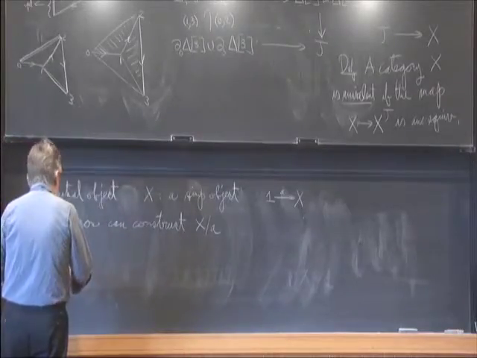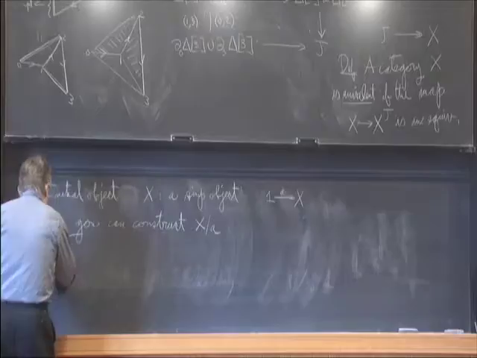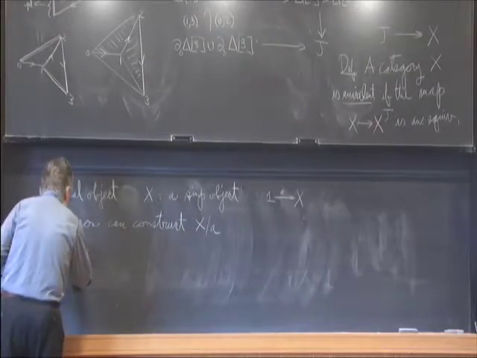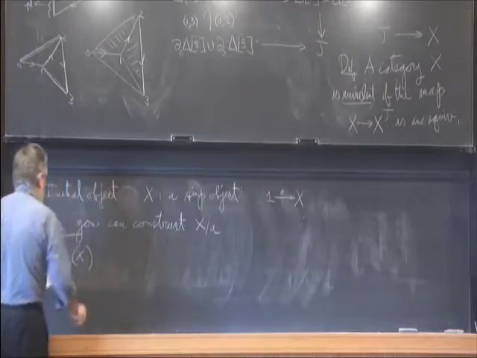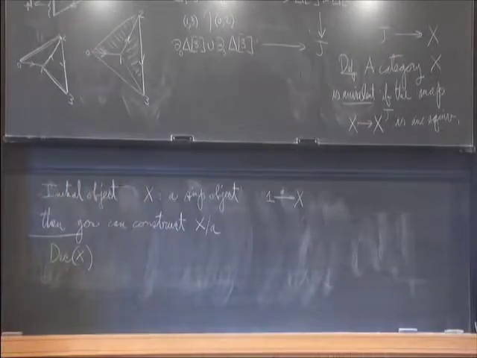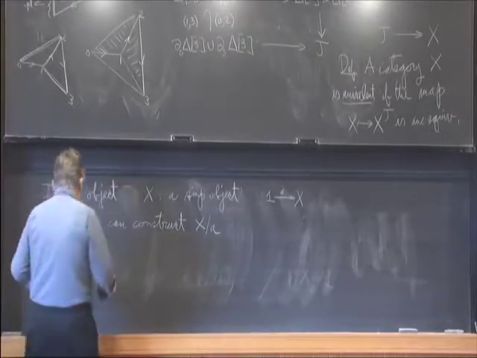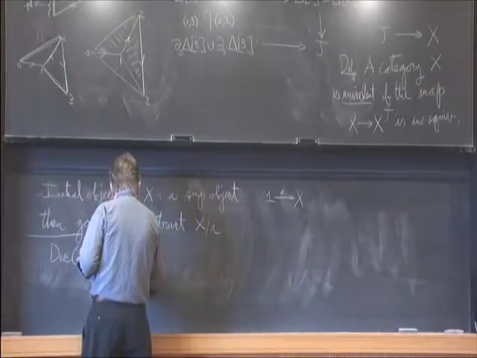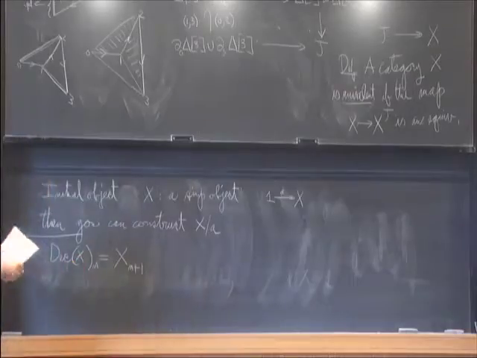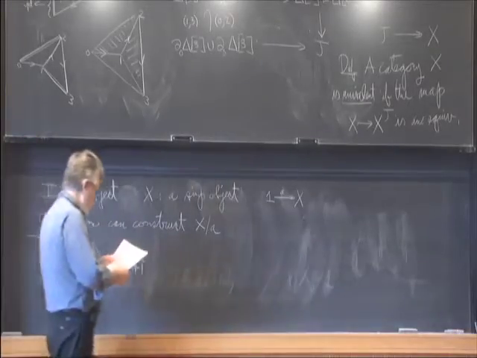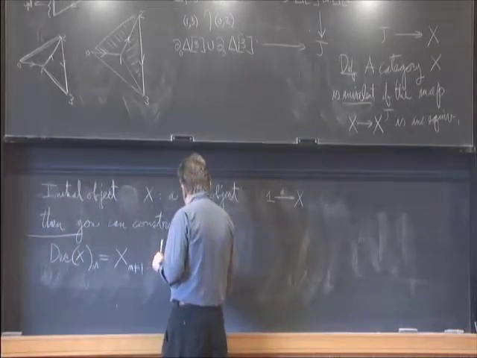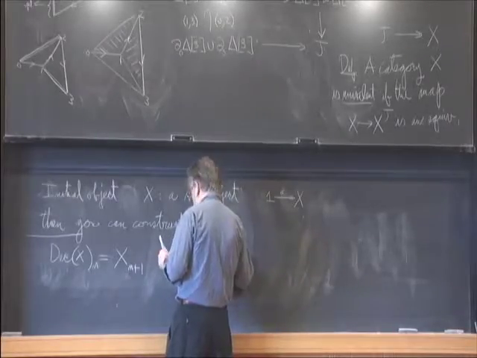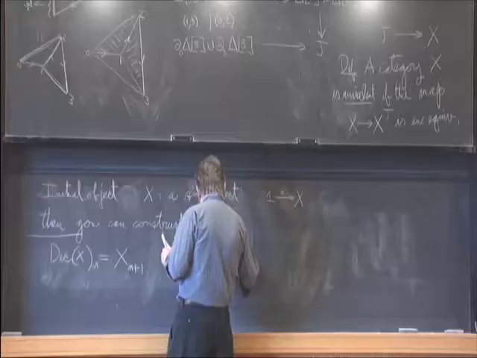First, you construct a simplicial object called decalage, dec X. And dec X_n, roughly speaking, is just X_{n+1}. This is because there is a canonical inclusion of n into n plus 1.